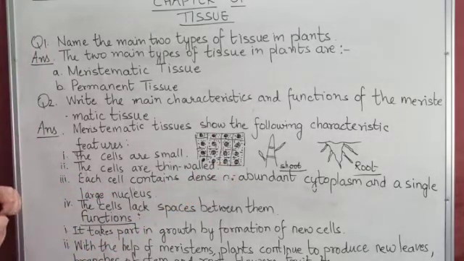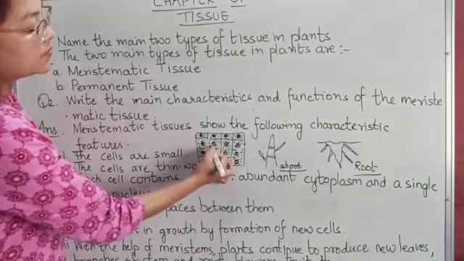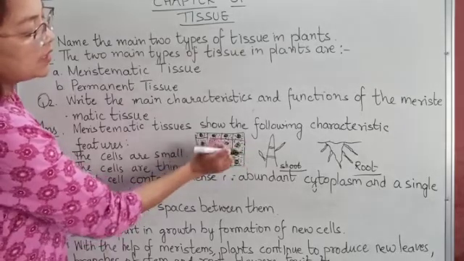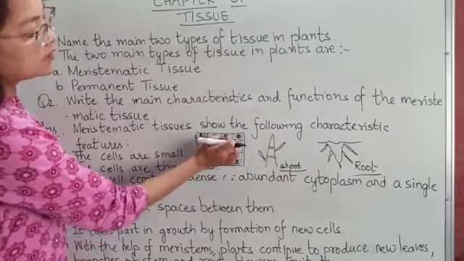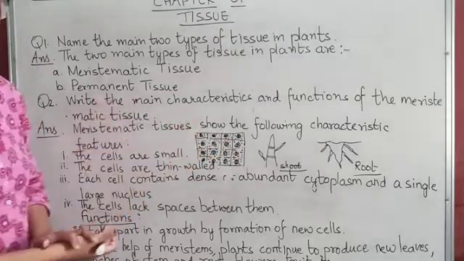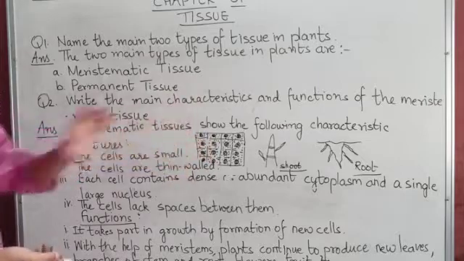The cells lack spaces between them, and as you can see, there are no intercellular spaces between each cell. They are compactly packed. So these are the characteristics of meristematic cells.